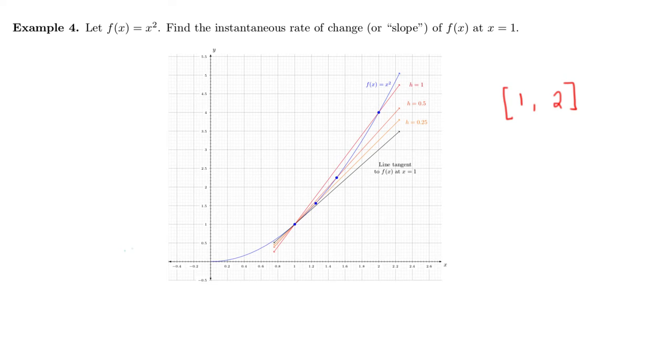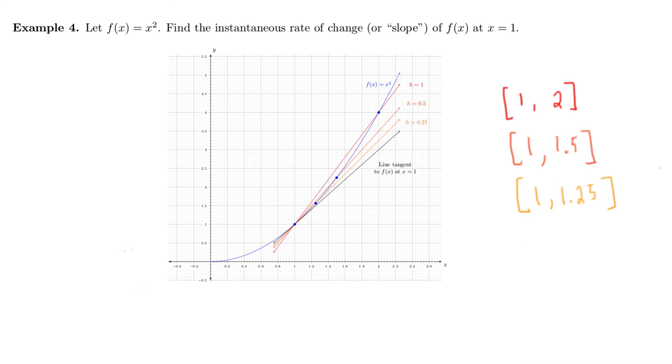Then in a slightly more orange color, I drew the secant line between 1 and 1.5. And in an even lighter orange color, I drew the secant line between 1 and 1.25.